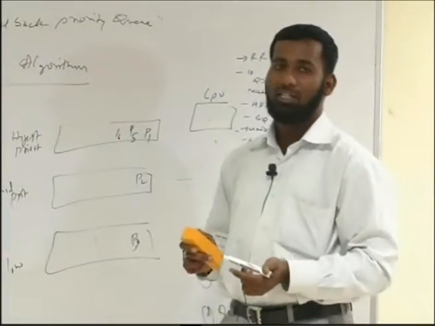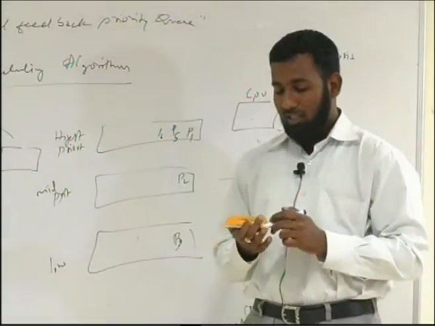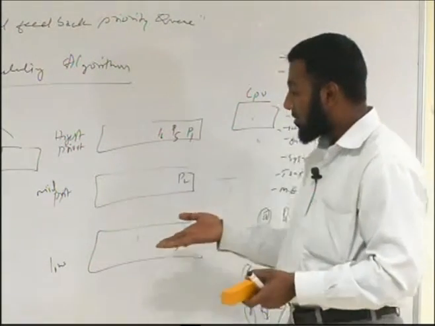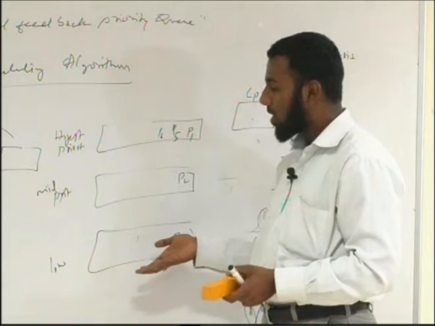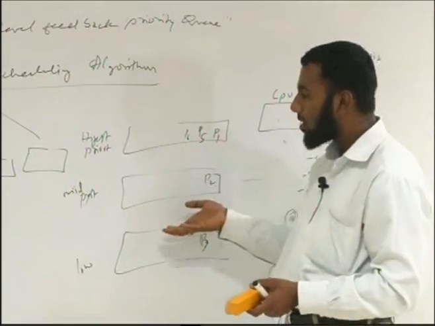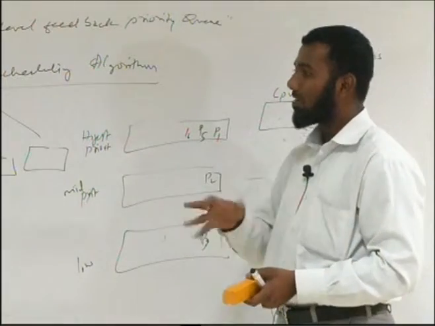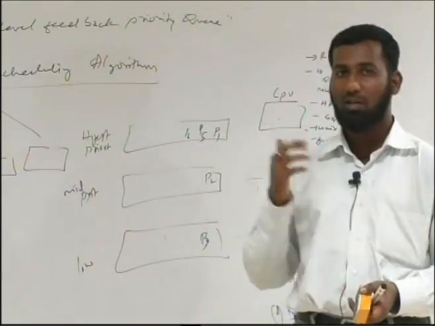Here we cannot apply aging. Why? If you apply aging, then it increases the priority, and the process has to be shifted from the low priority queue to mid priority, and from mid priority to high priority. But in the multi-level scheduling algorithm, you don't have any concept of moving a process across the queues.